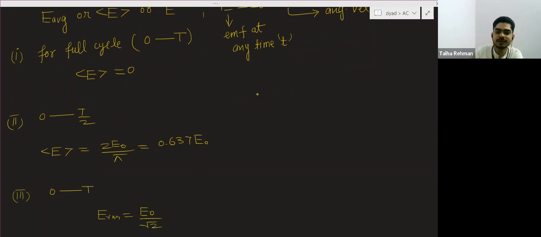If you want to calculate the average value for any function, suppose there is one function y is equal to f of x. If you want to calculate the y average, then what you will do? You will integrate this.